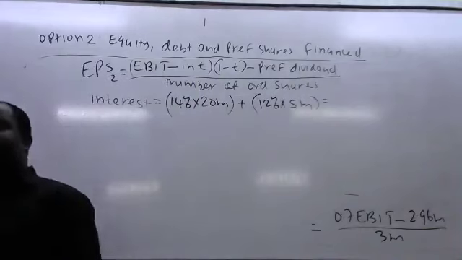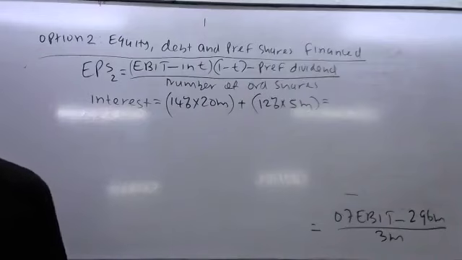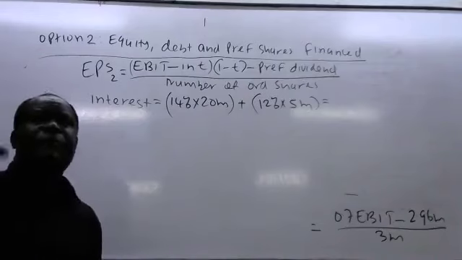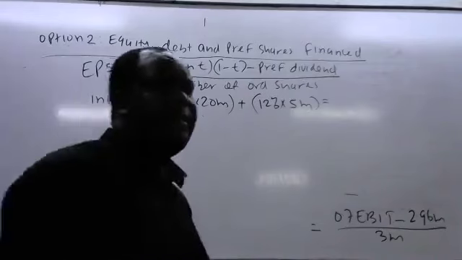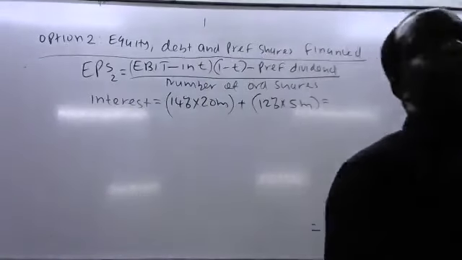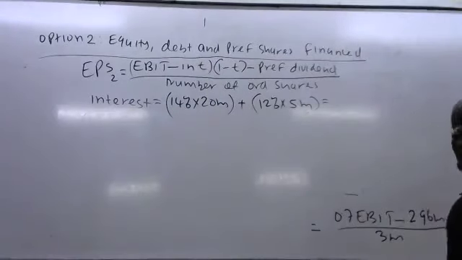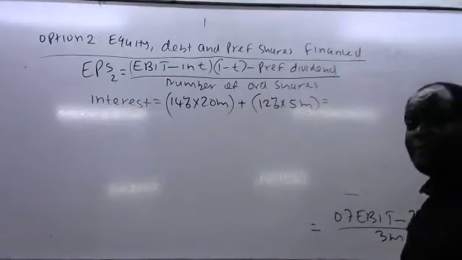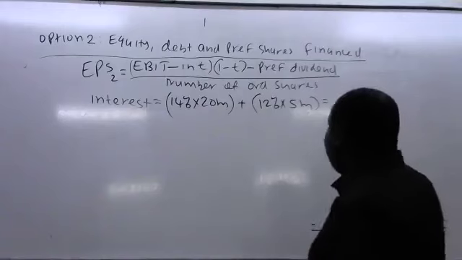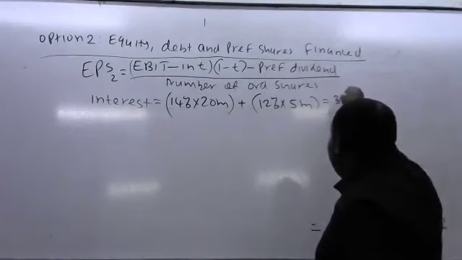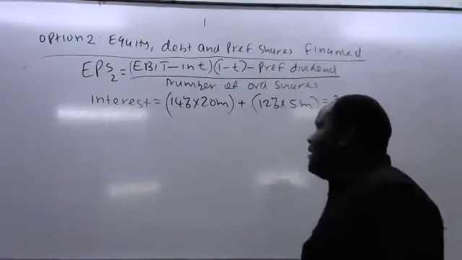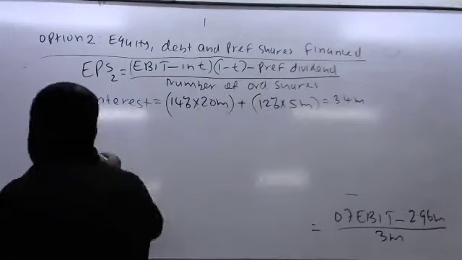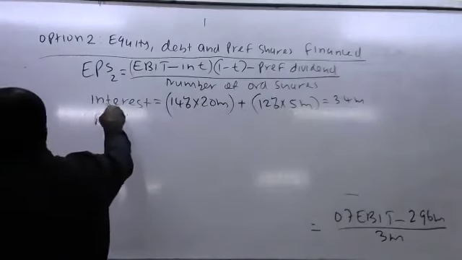You start with the one which is in the capital structure plus the one of the new funds you want to raise. You add them together, they will give you total interest. So here, how much? 3.4 million.